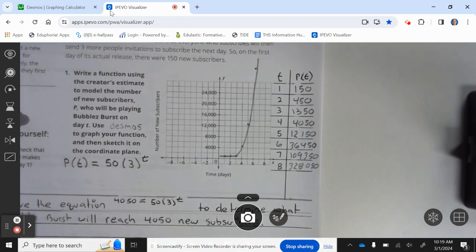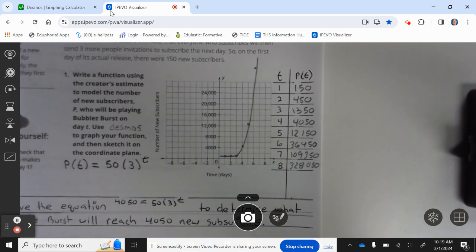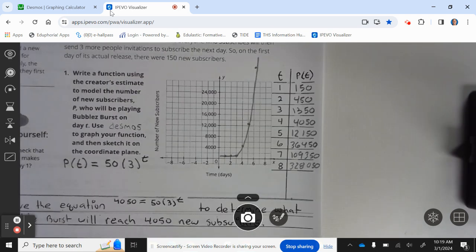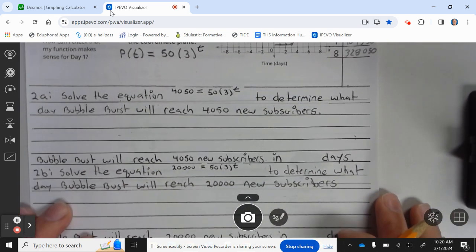So there's our graph. All right, go ahead and finish up number 1. Take a look at number 2.